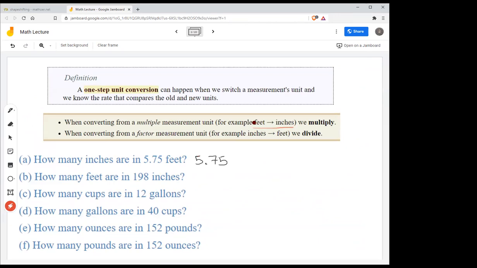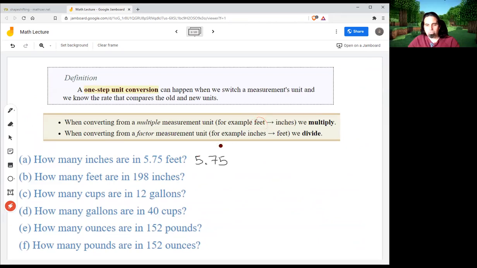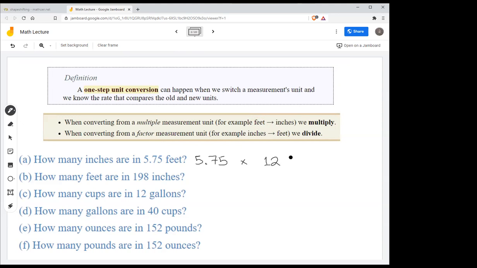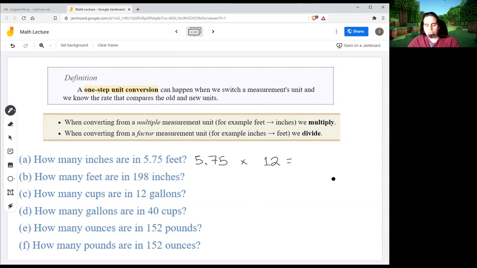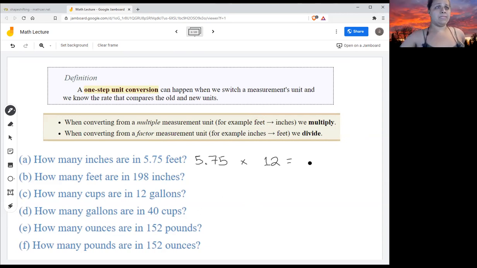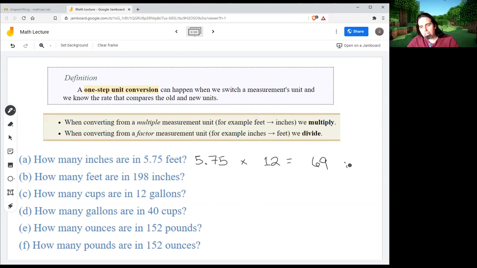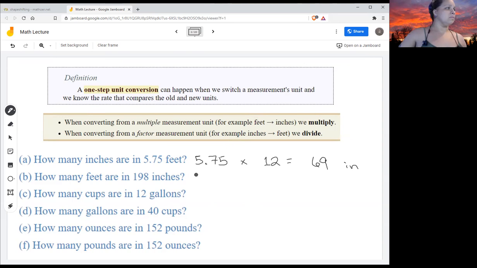Well, feet to inches. The feet are a multiple of inches, so I am multiplying. And it's 12 inches to a foot, so it's going to be 12. Someone else, you can do this on your calculator. Call out the answer when you get it, and I'll write it in. I'm more interested in setting up. 69 inches. Okay.